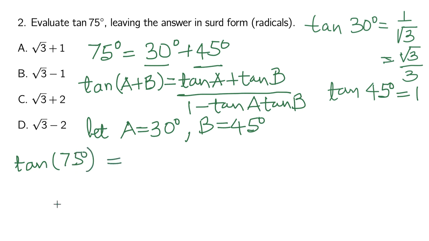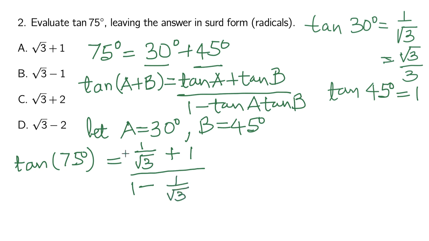So tan A will be tan 30, which we said is 1 over root 3, plus tan B, which is tan 45, which we said is 1, over 1 minus tan A, which is 1 over root 3, times tan B, which is 1. So 1 over root 3 times 1 is the same as 1 over root 3.